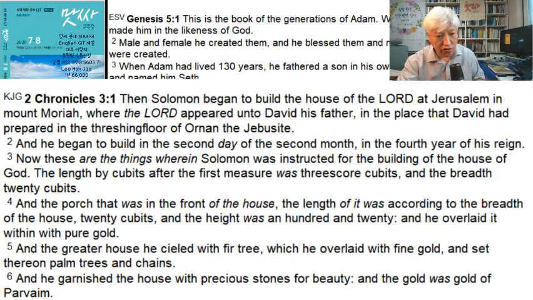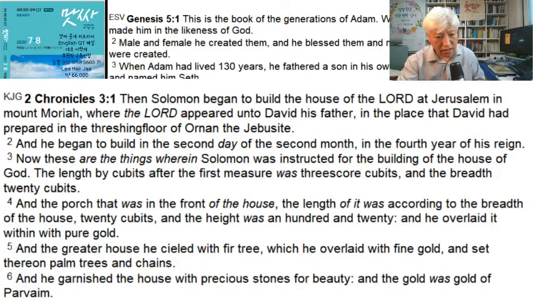Verse 4. And the porch that was in the front of the house, the length of it was according to the breadth of the house, 20 cubits, and the height was 120, and he overlaid it within with pure gold.